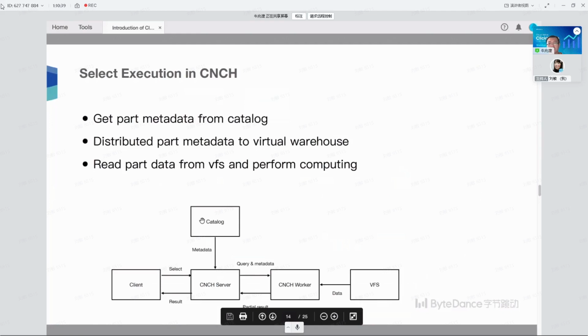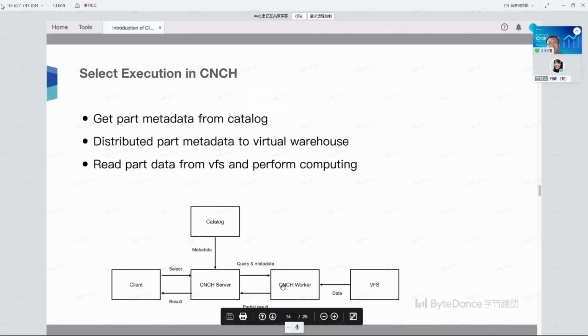Then in the second step, the server will distribute the metadata to different workers, and then it will send the queries to those workers for execution.